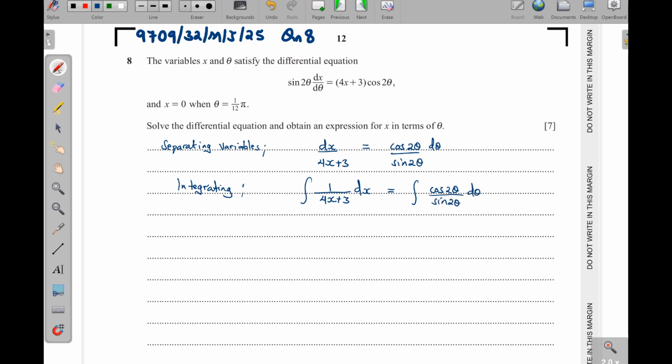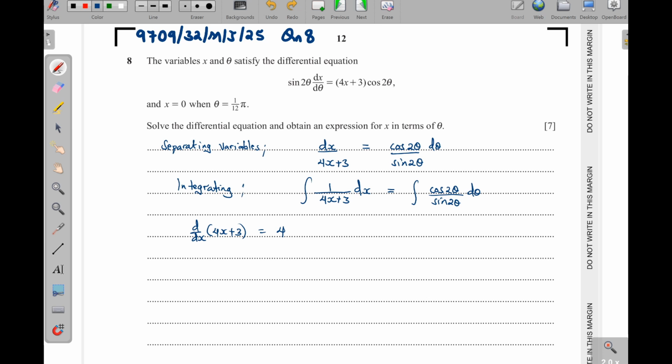d theta. Now, when you differentiate with respect to x, the 4x plus 3, okay, you will get a 4. But what should I do to this 4 to get a 1? I will divide by 4. In other words, I will multiply by 1 over what? 4. Now, this operation I've done here is the one that I put on the natural log, okay?